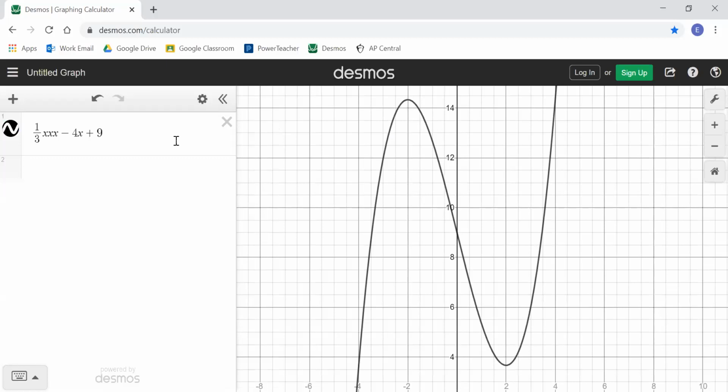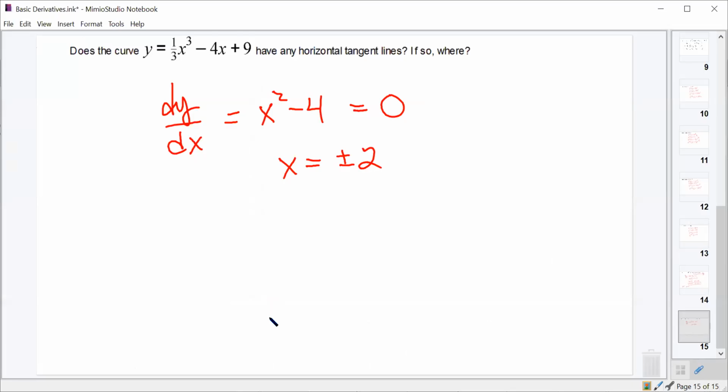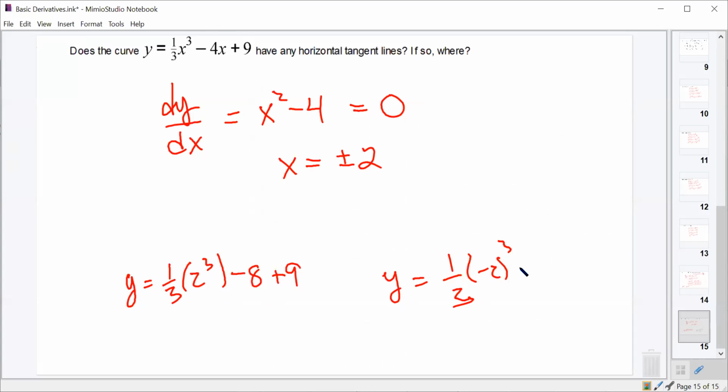Right? And if we wanted to, we could figure out what those values actually were for those tangent lines. So if we plug in 2, what do we get? We get y equals 1/3 of 2 cubed minus 8 plus 9. And if we plug in negative 2, we'd get y equals 1/3 times negative 2 cubed plus 8 plus 9.